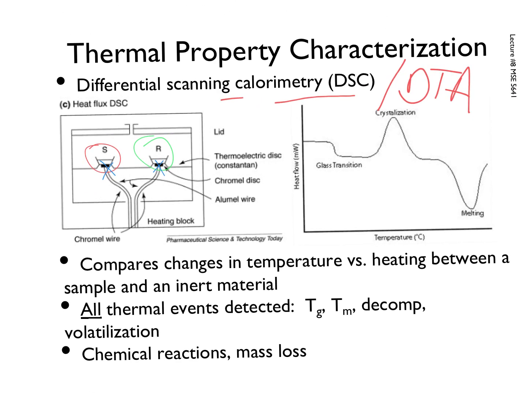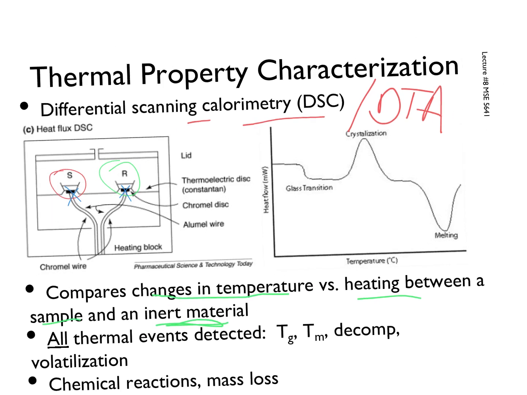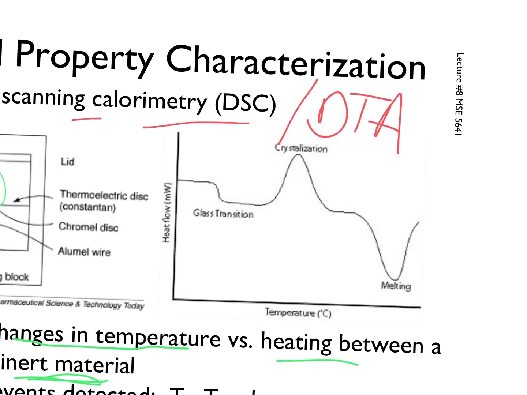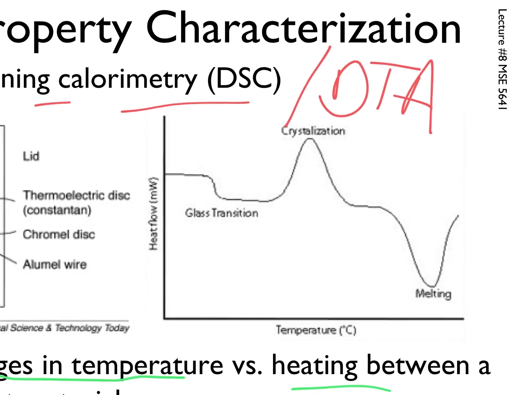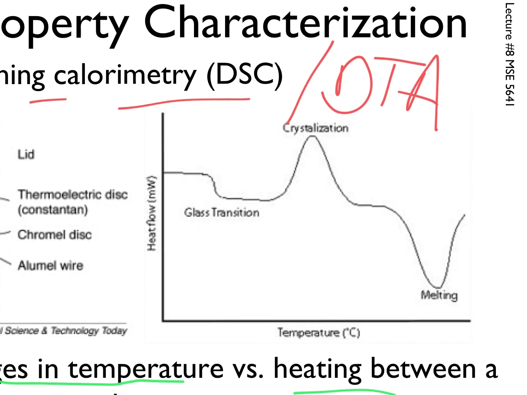And first off, as it says here, it just compares changes in temperature versus heating between a sample and some type of inert material. And so what we're showing you here is, for a polymer, a couple of things. One thing we just talked about last time, which is the glass transition, which we know happens at relatively low temperatures. We can do this for polycaprolactone in the system that we have in the department, so that's nice.